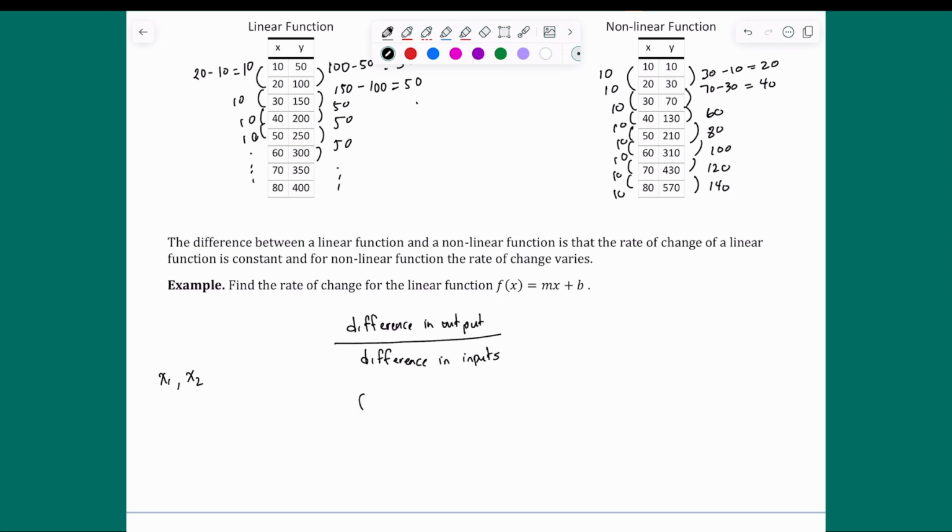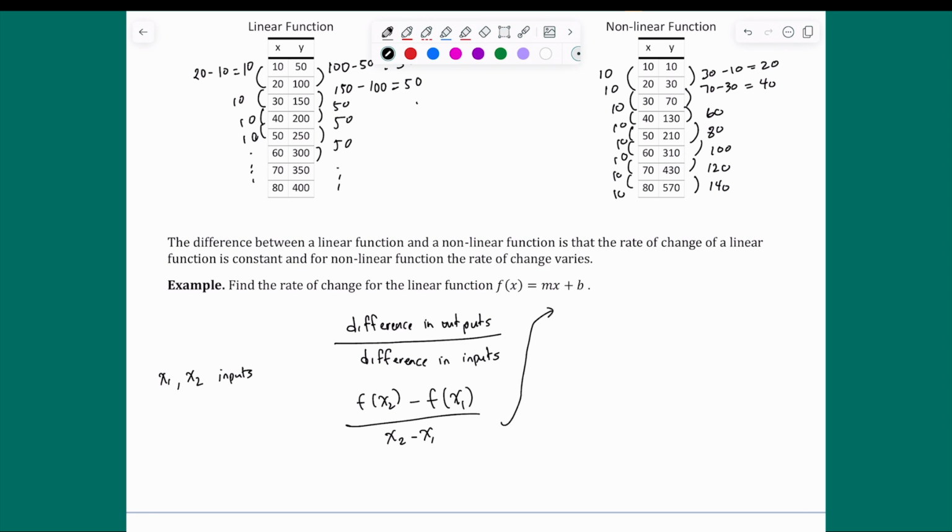So what do we got? Well, we have f of x2, that would be the output for an input of x2, minus f of x1, which is the output when we put in an input of x1. That's the difference in outputs. Now we divide that by the difference of inputs, so x2 minus x1. Once again, these are inputs that we randomly just chose, x1, x2, this could be whatever. And we want to calculate the rate of change. So that is the rate of change, but what is it exactly?